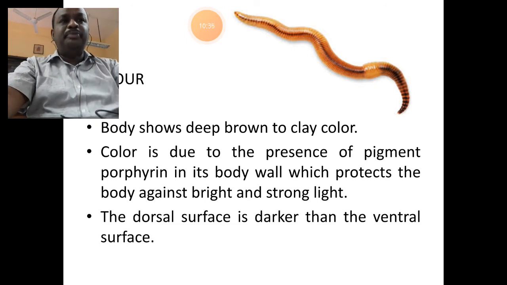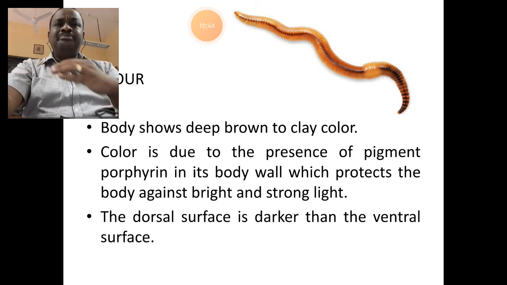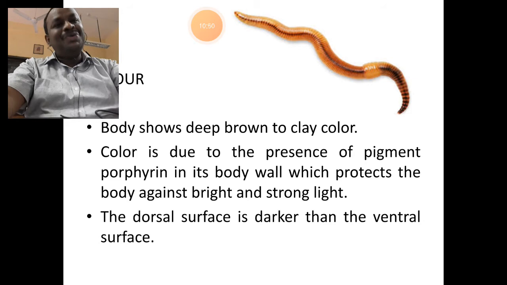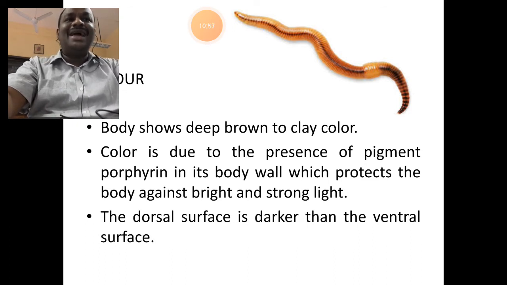Since they hate the light, the skin has the pigment porphyrin, which helps them avoid the light. And these organisms generally crawl during the night time. So, they are nocturnal organisms.